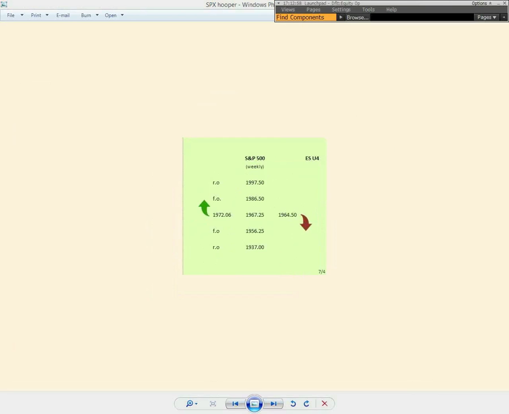But I'm not a currency guy, I just feel like the dollar should be strengthening, and I would rather look at the yen than the euro. I don't know why, but to me the euro is a little bit overlooked. But the yen, to me, the dollar should be strengthening against the yen as the Fed exits stimulus.